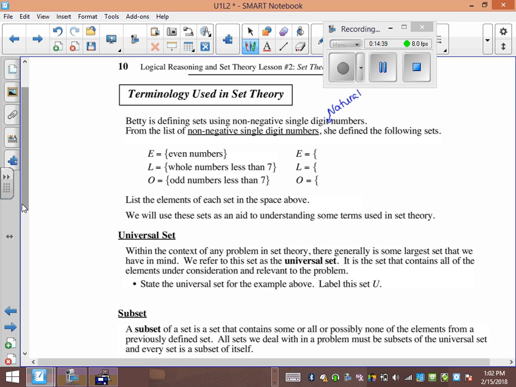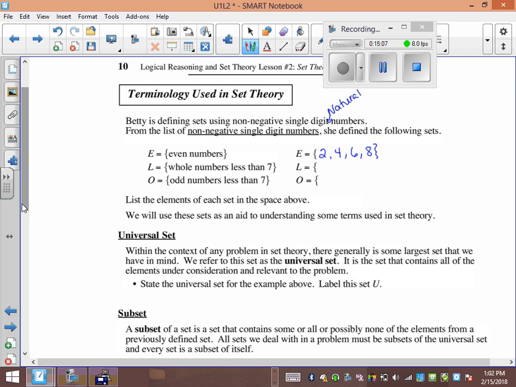And they have to be single digits, so where do I stop at? 9. So E represents the even numbers. Okay? So the even single-digit natural numbers would be 2, 4, 6, 8, and I'd have to stop because 10 is a double digit, not a single digit.